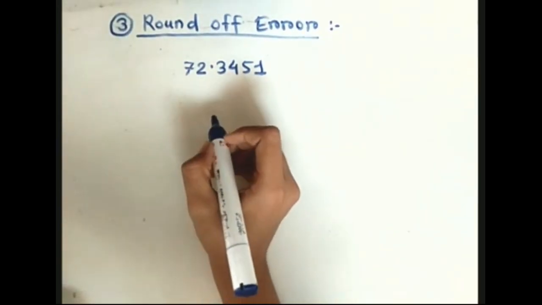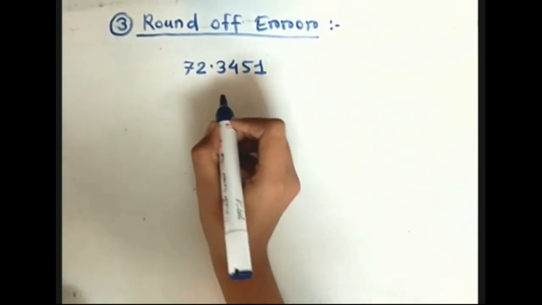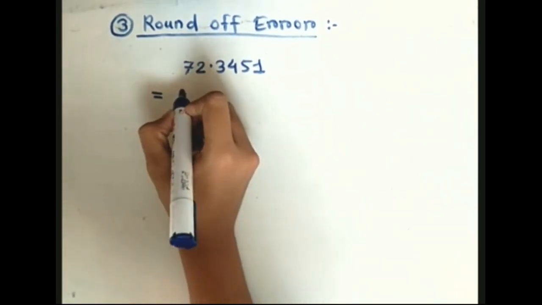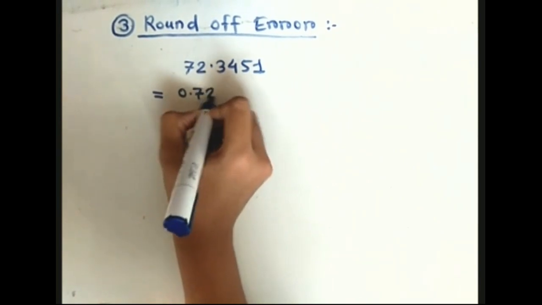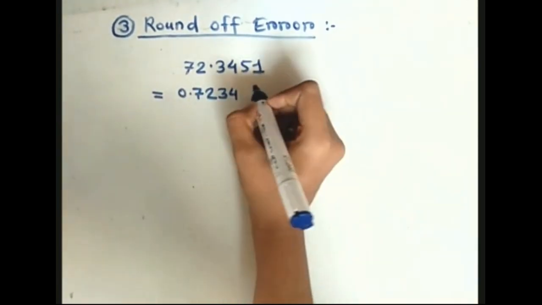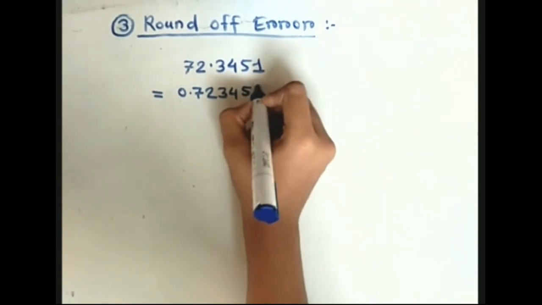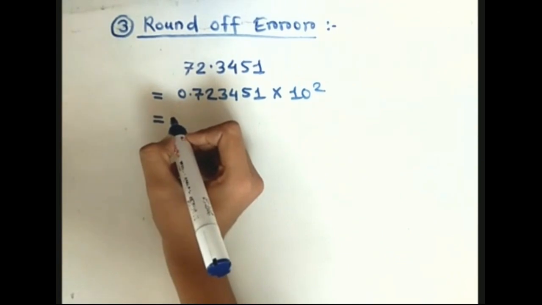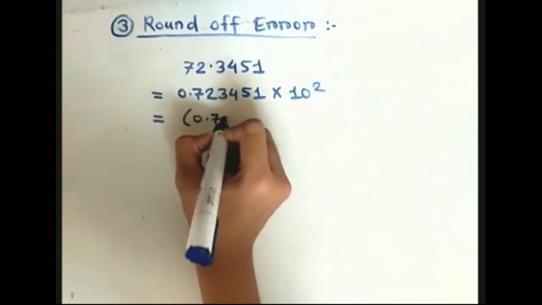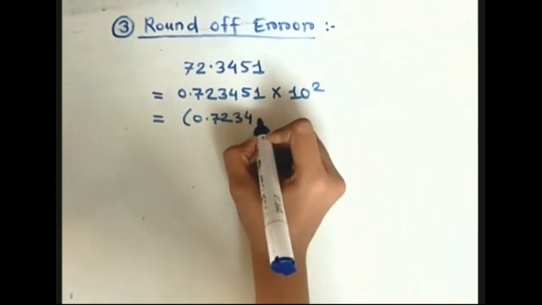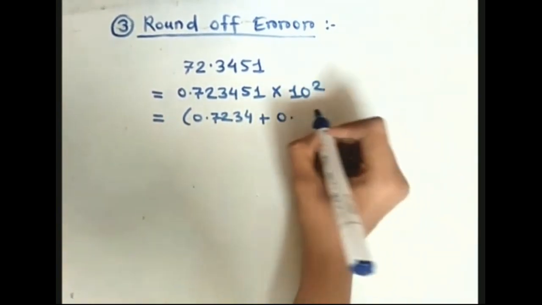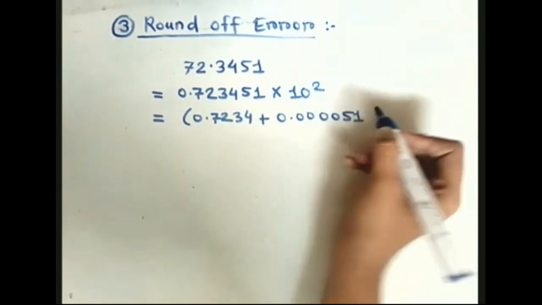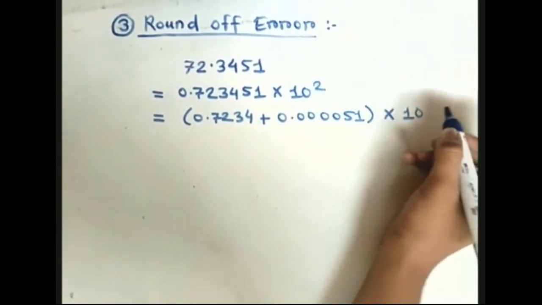Now to evaluate the error in the given number, let us consider the normalized representation of the given number, that is equal to 0.733451 into 10 to the power 2, that is equal to 0.7334 plus 0.00051 into 10 to the power 2.